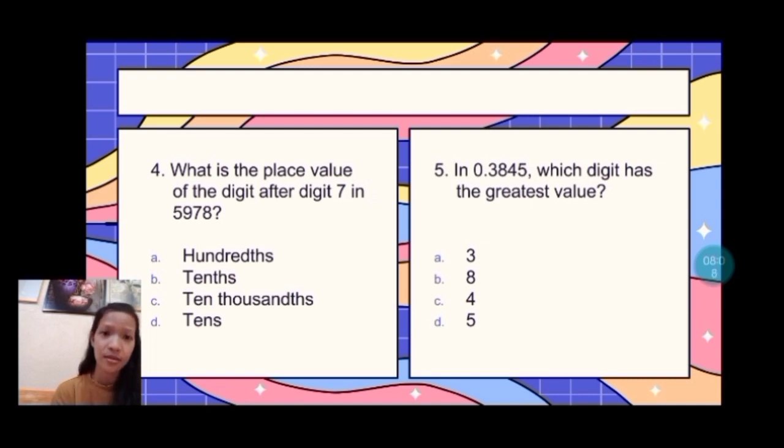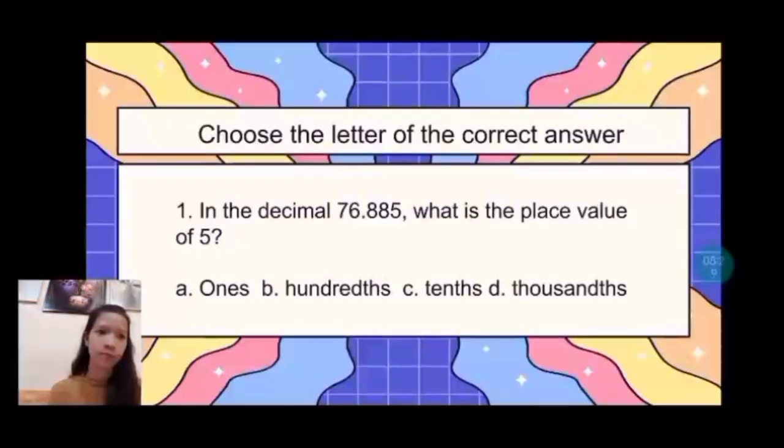A. Hundreds, B. Tens, C. Ten thousands, D. Tens. And in number 5, in 0.3845, which digit has the greatest value? A. 3, B. 8, C. 4, D. 5.